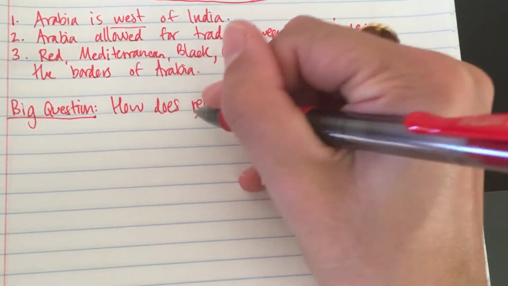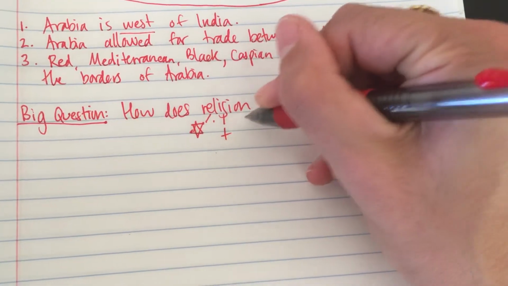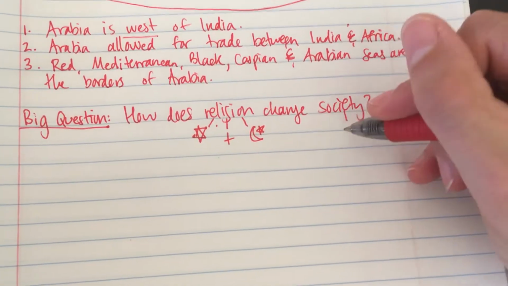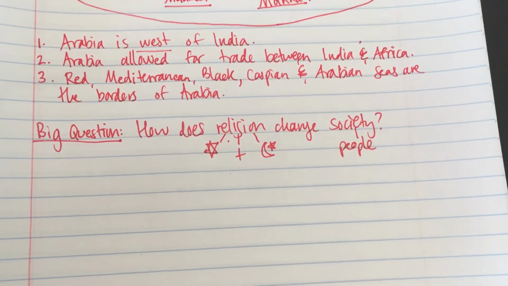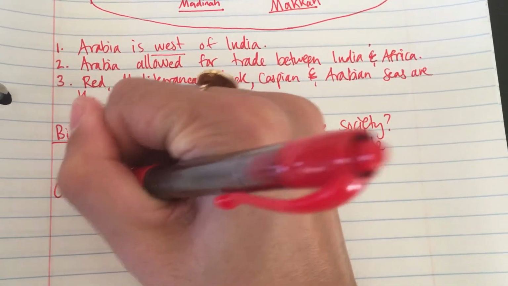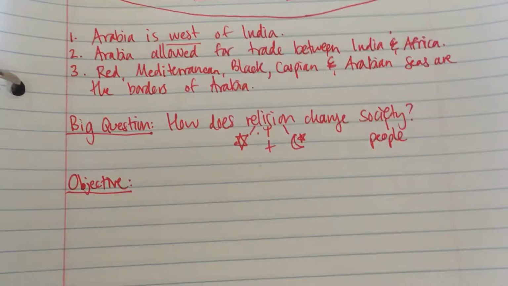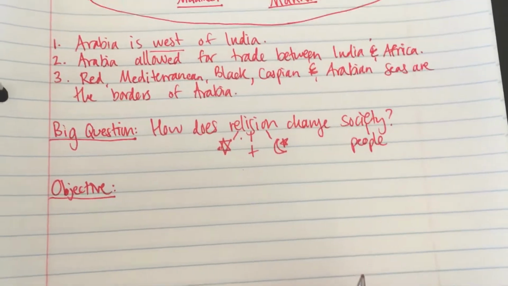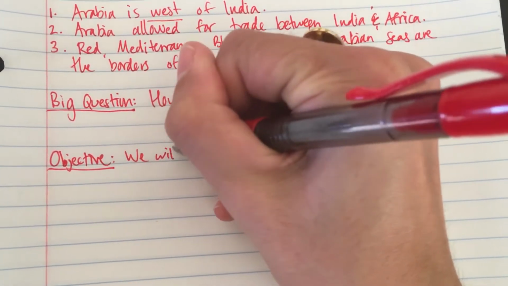So how do religions like Judaism and Christianity and Islam, how do they change who people are? Okay? And our goal for today, we've already talked about Judaism and Christianity, and we've talked a lot about maps, and today we're going to kind of draw the connections between maps and people.